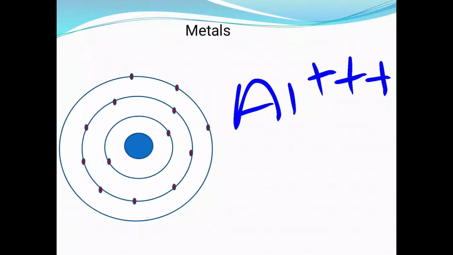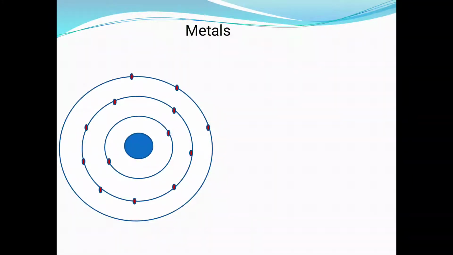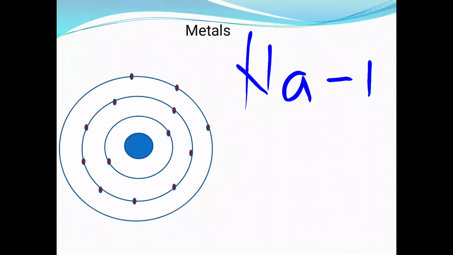Okay, so we can conclude from all these 3 examples that metals lose electrons, right? After losing the electron, they form a positive ion, right? And one more thing I want to mention, the elements which lose the electron easily are the strong metals, right? Here in the case of sodium, sodium has to lose only 1 electron, therefore it will lose this 1 electron very easily.